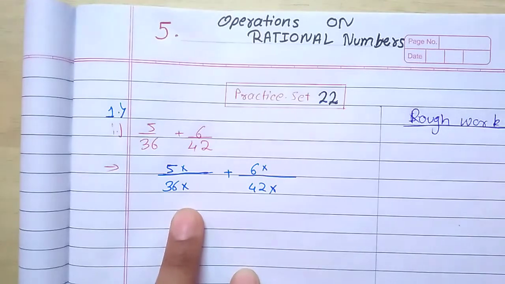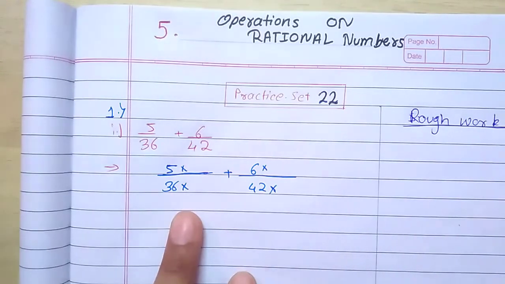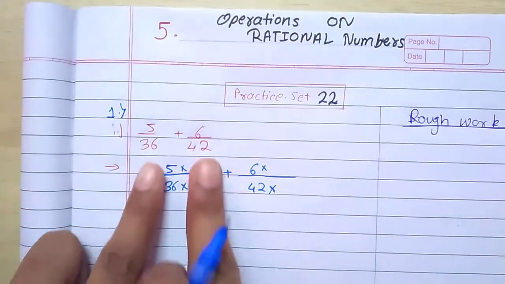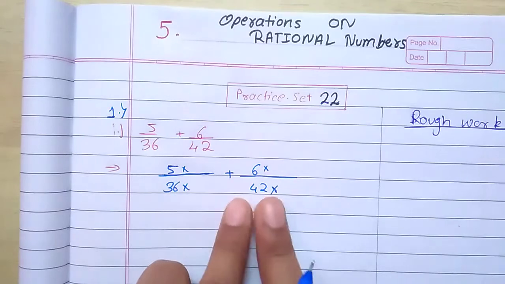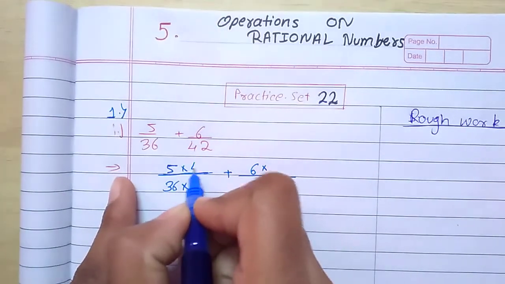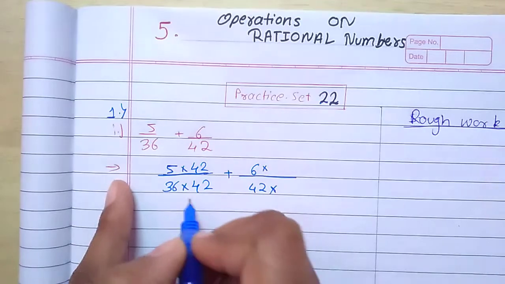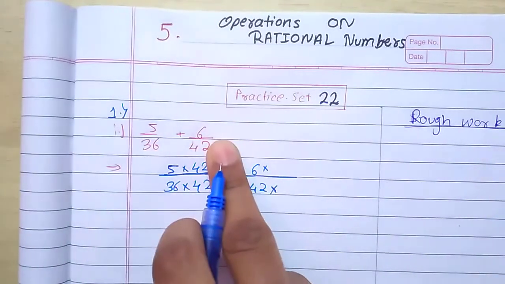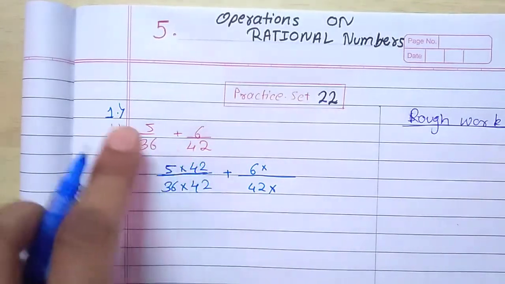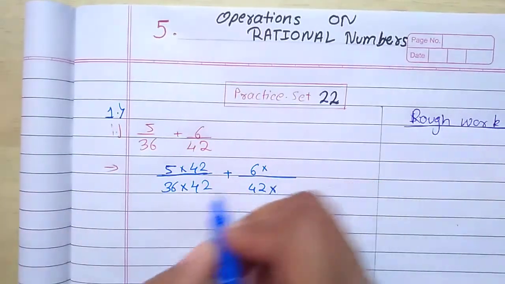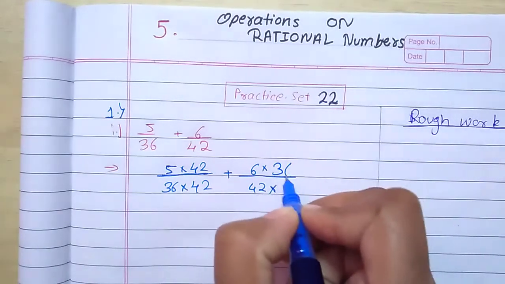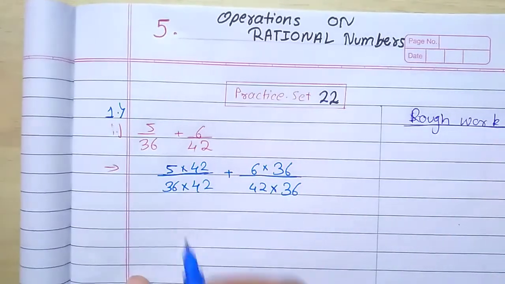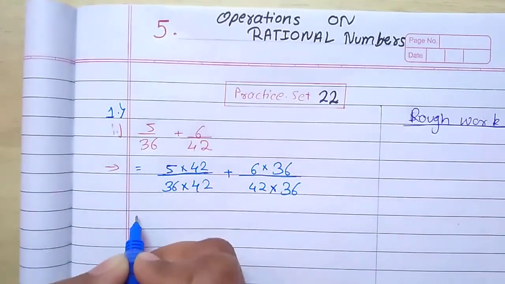We don't know the table, so we'll do it directly. 42 will multiply both numerator and denominator of the first, and 36 will multiply both numerator and denominator of the second. Then on this side it will be 36 and 36 as the common denominator. I am going to show you all the multiplications.